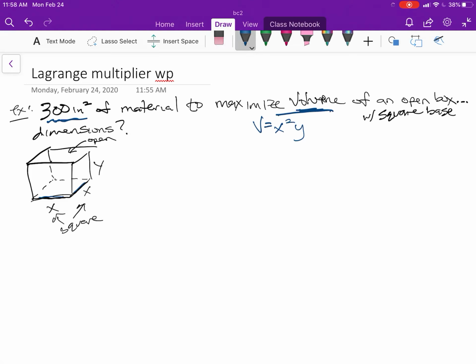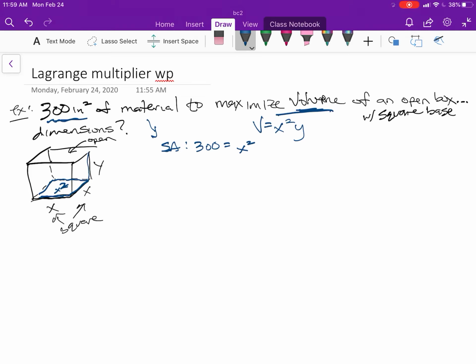Okay, the constraint. We have 300 square inches of material, so that's going to build a surface area function. I have 300 total, and I need the area of each of the sides, but remember there is no top. So the bottom area, we have x times x, which is x squared.